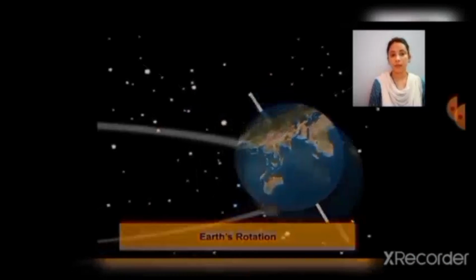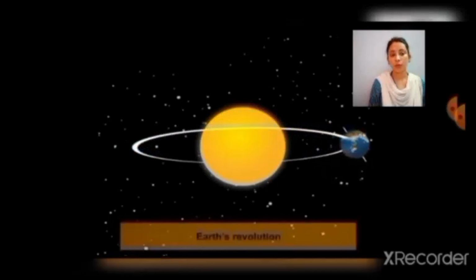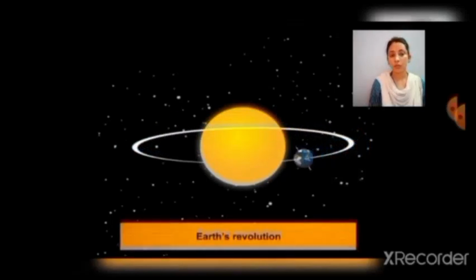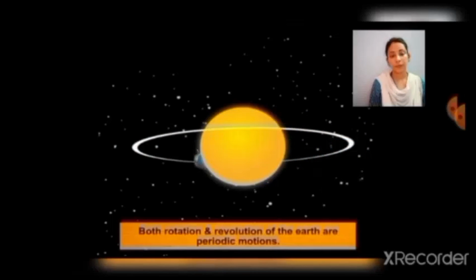Do you know? Earth rotates on its own axis. Simultaneously, it revolves around the sun. Earth also undergoes more than one motion at a time, circular and periodic.